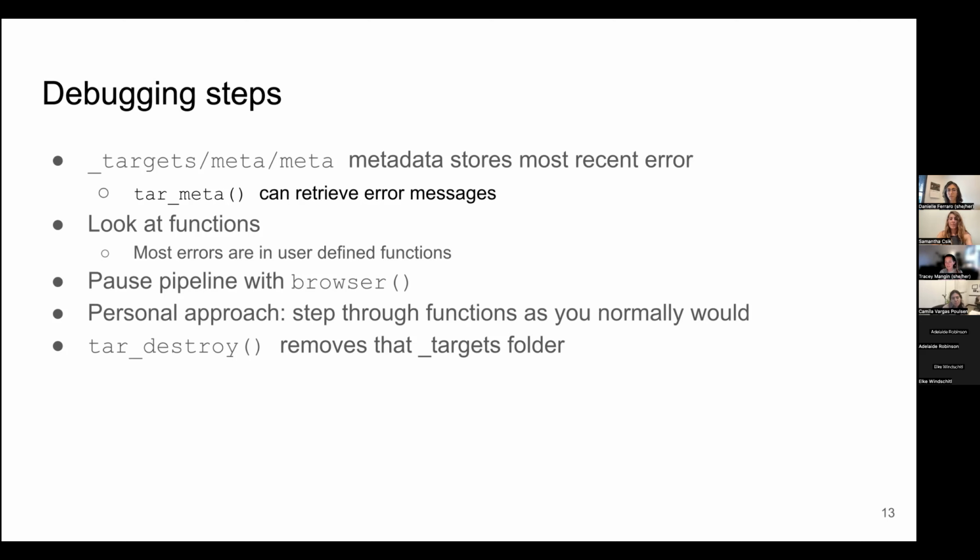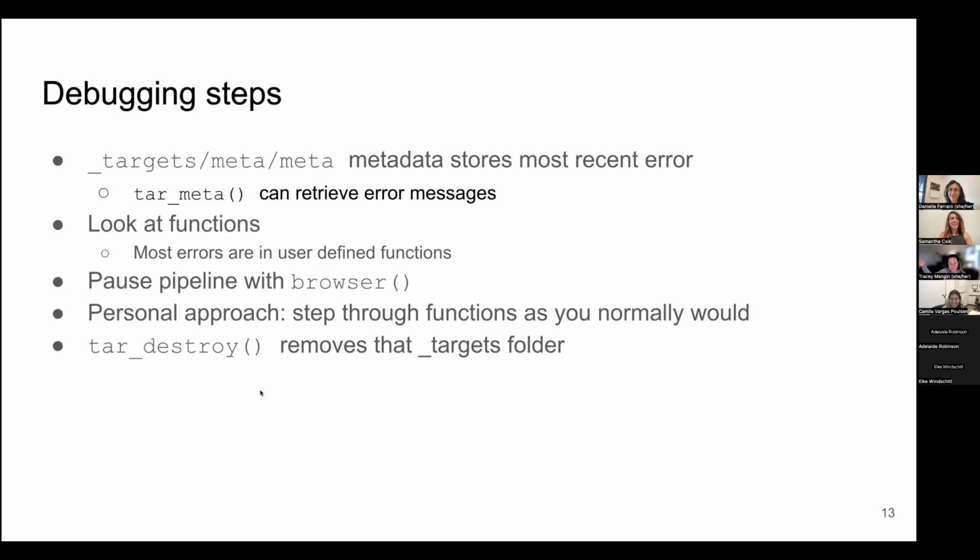I end up loading the objects up to the point where it'll work, and then stepping through the function. I don't know if that's a good way to do it, but the person who knows what you're doing, let us know how you debug. I would love to learn more effective ways to debug for sure.